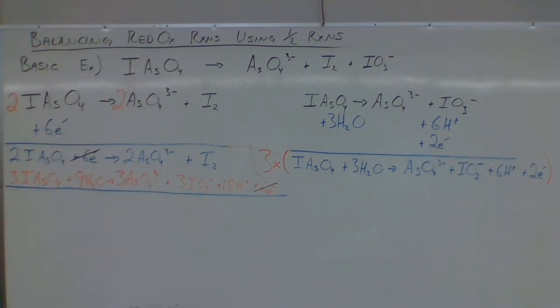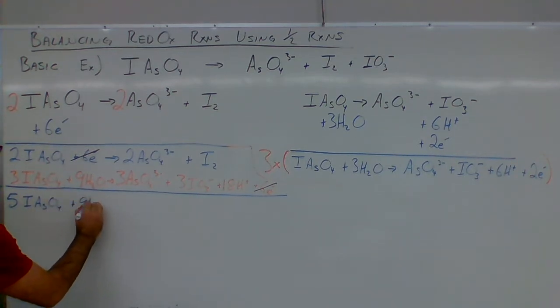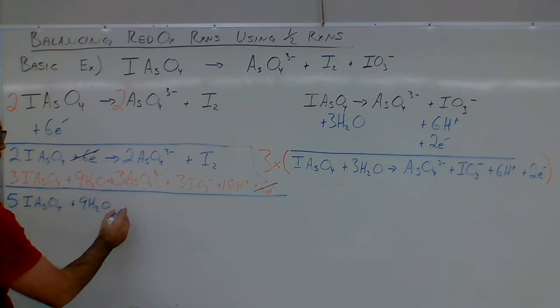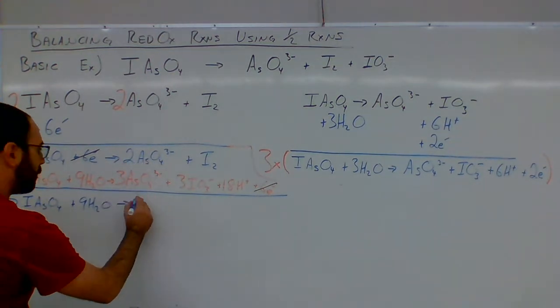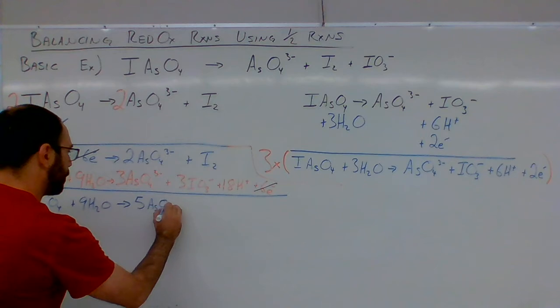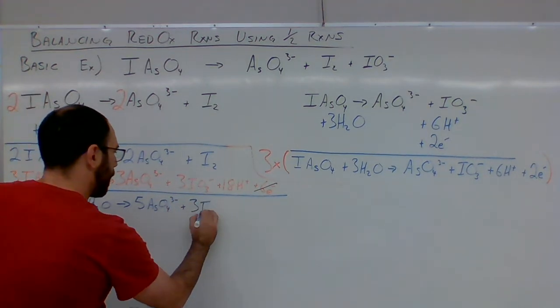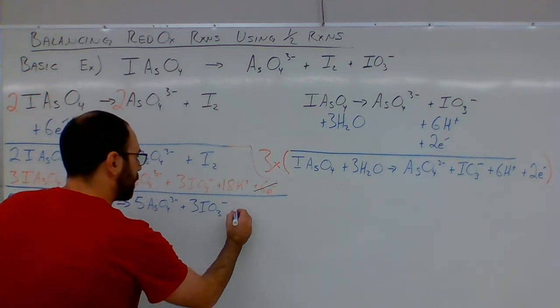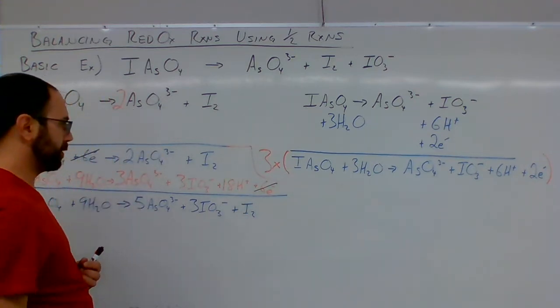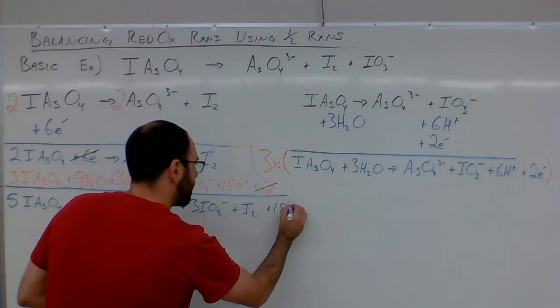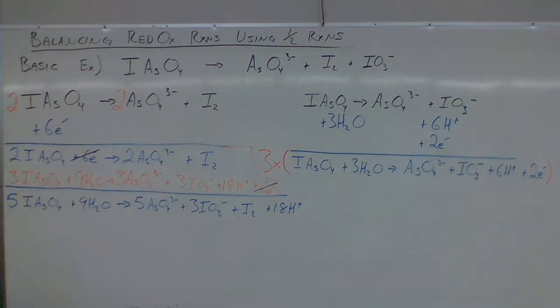Let's cancel out those, and then let's just recombine everything and add these two together. I have 3 plus 2, so I have 5 IASO4 plus 9 H2O is going to give me 5 ASO4 3 minus plus 3 IO3 minus plus 1 I2 plus 18 H plus.